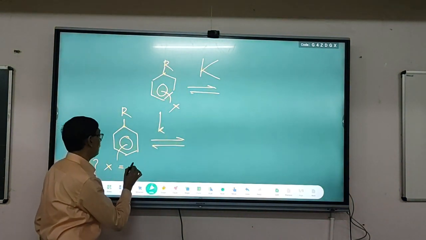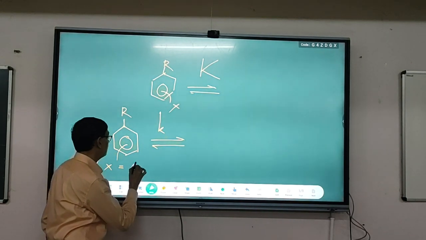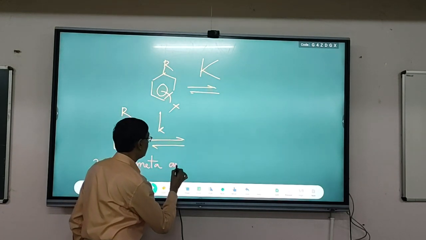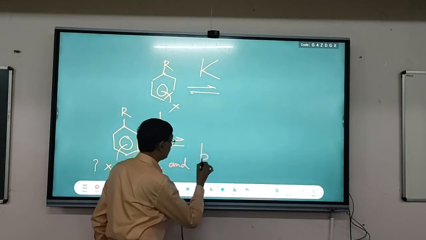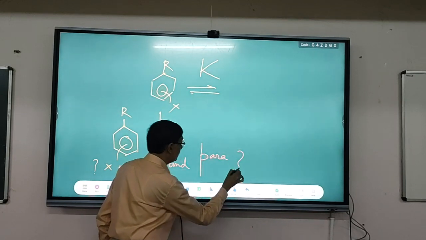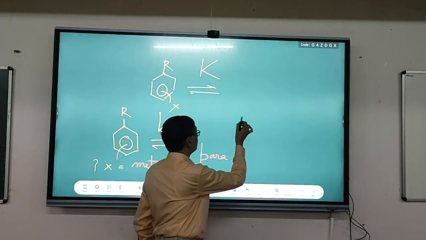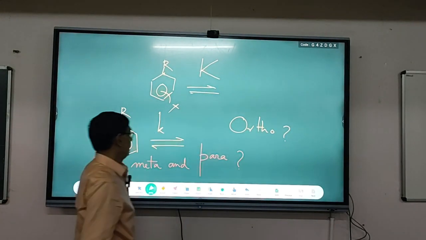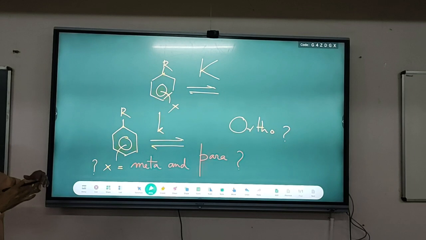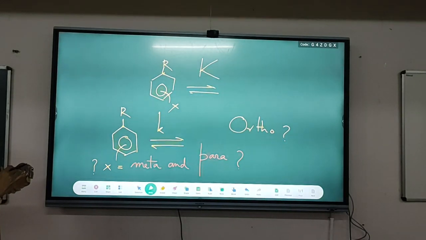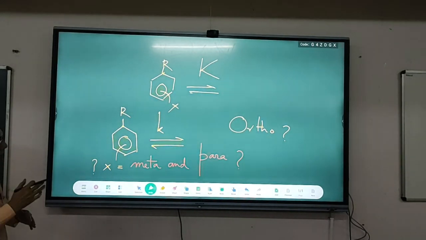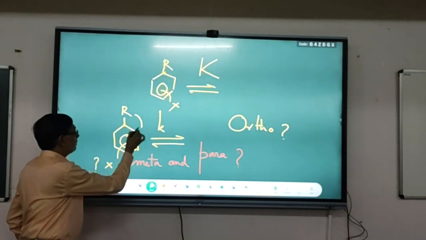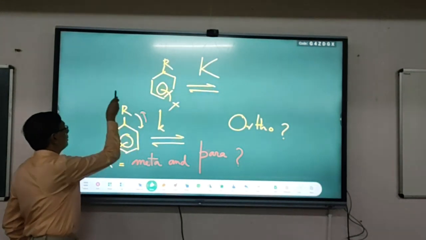That this X is only for meta and para substitution. Again you can ask, why not ortho? Ortho, meta, para, you know. Because in comparison to meta position and para position, ortho position is very close, so there may be some steric problem, whatever.